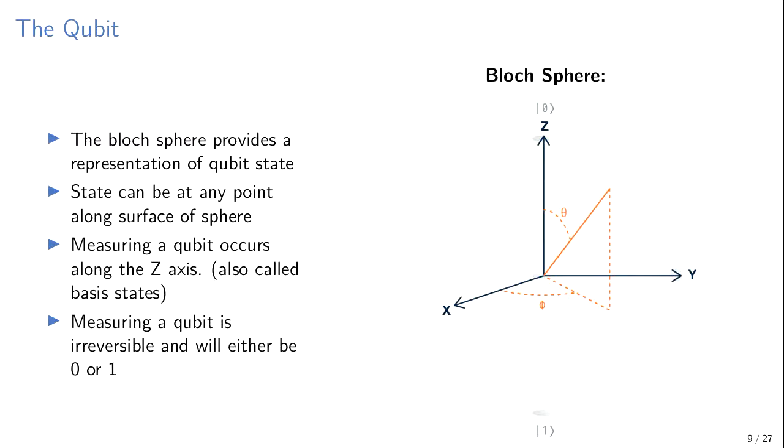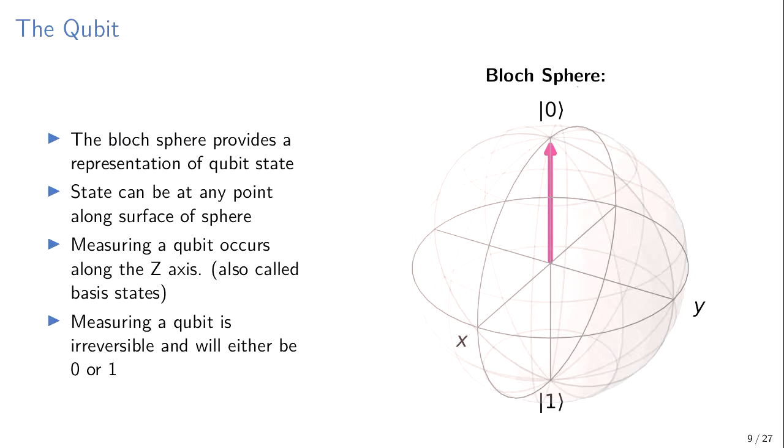And when you perform operations on a qubit, you're basically moving the vector, which is represented by that orange line, around the surface of the sphere. Just like a classical bit, you can have a 0 state, which is the arrow pointing up, and a 1 state, the arrow pointing down. You don't have to worry too much about that notation. That's called bra-ket or Dirac notation, and that just means it's a vector.